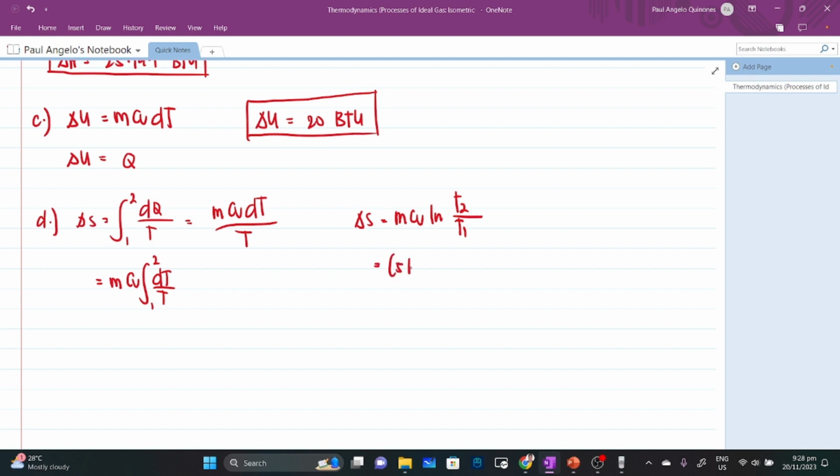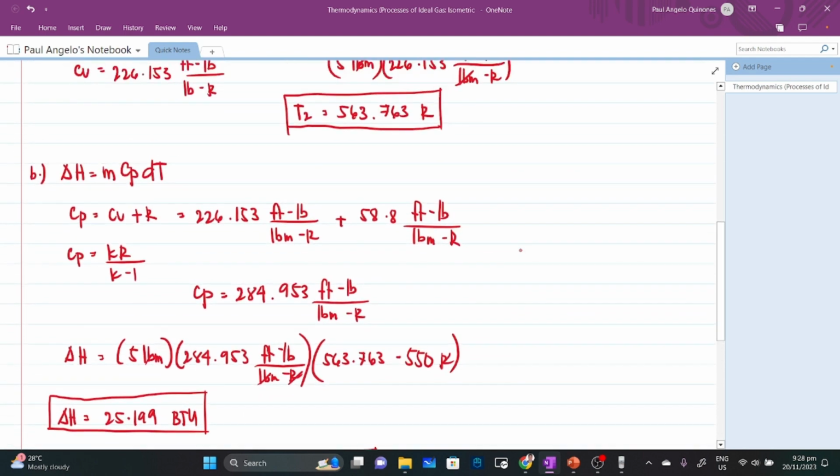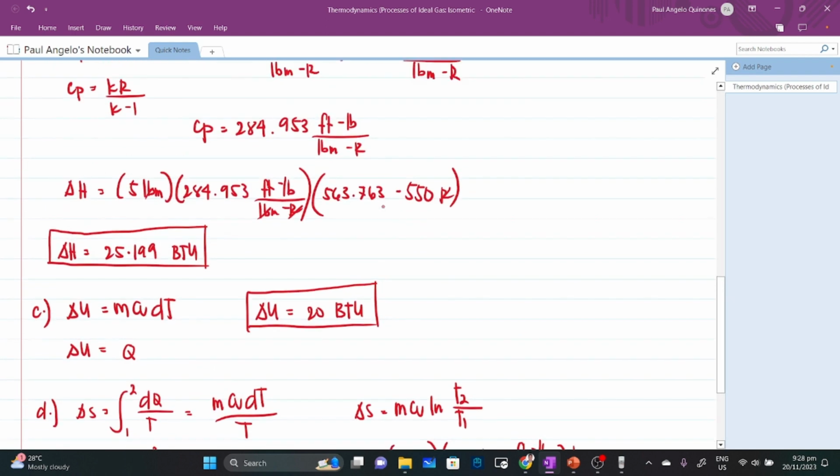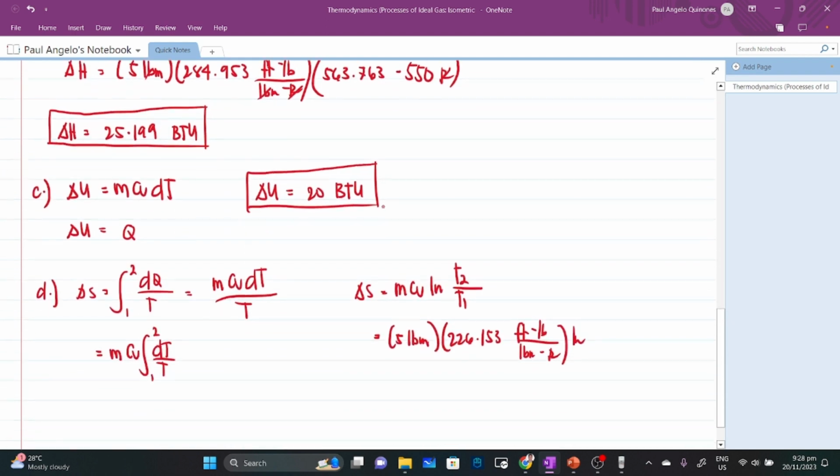So mass is 5 pound mass times CV. Our CV before is 226.153 foot-pounds per pound mass Rankine, times the natural logarithm of T sub 2, that is 563.763 Rankine, over 550 Rankine.